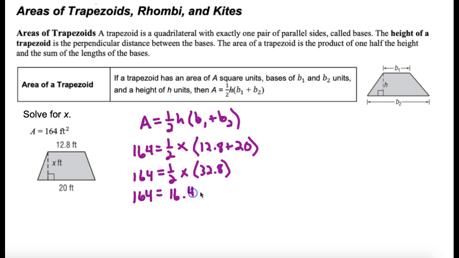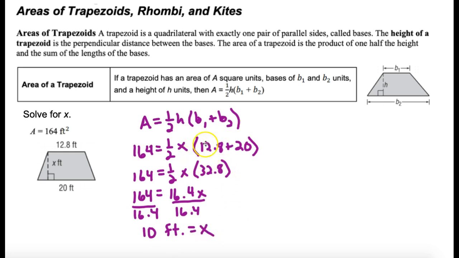So this would just be 16.4 times x. And now all I need to do to get x by itself is divide both sides by 16.4. And 164 divided by 16.4 is going to be exactly 10. So my answer here, the height, is 10 feet.